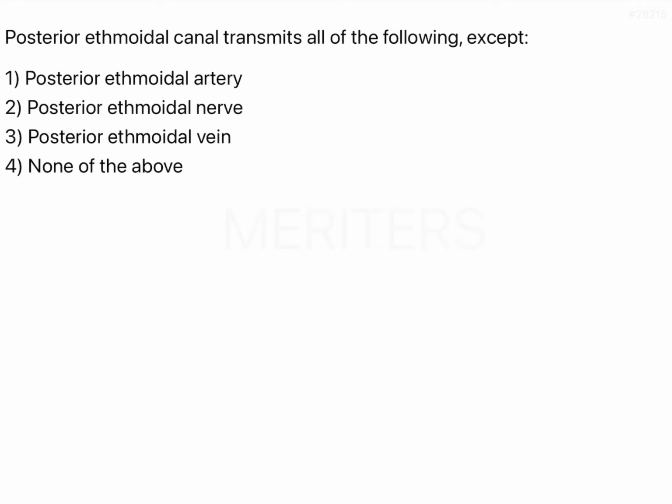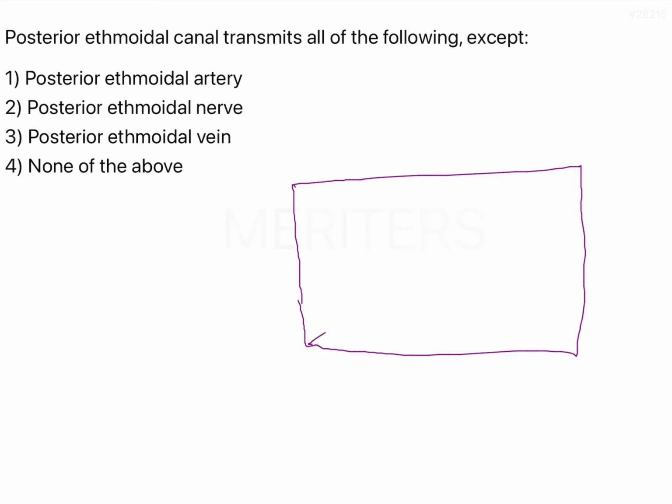So I'll just try to make a rough figure that will help you to understand this. Suppose I'll just give you the illustration. This is the orbit, okay, try to understand it as a 3D. Here you can see this particular portion is the lesser wing of the sphenoid, and here you will be seeing a fissure, the superior orbital fissure, not the foramina here.